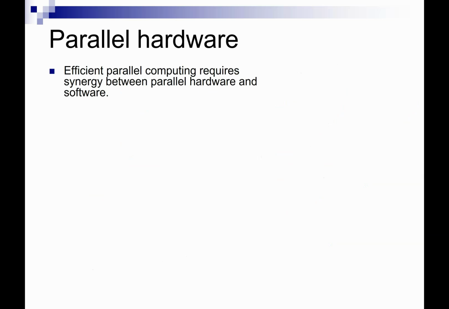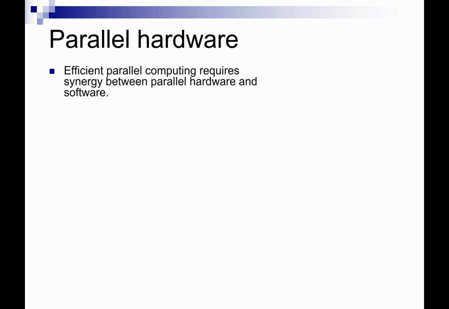Next, I want to give an overview of the types of parallel hardware that we deal with. As I mentioned, in parallel computing the hardware and the software need to somehow match each other. This is less of a consideration in sequential computing. When you write a sequential program, you don't think that much about how your processor is designed, and the basic reason is that there's basically just one design for sequential computers.